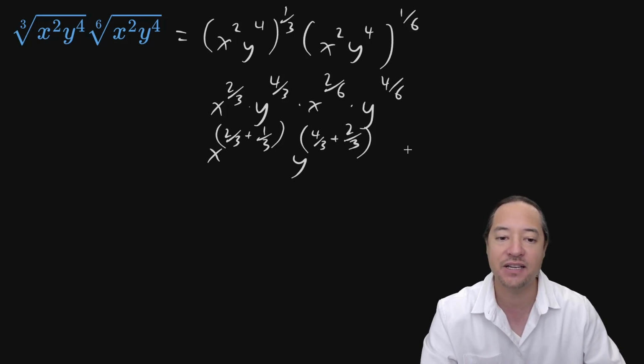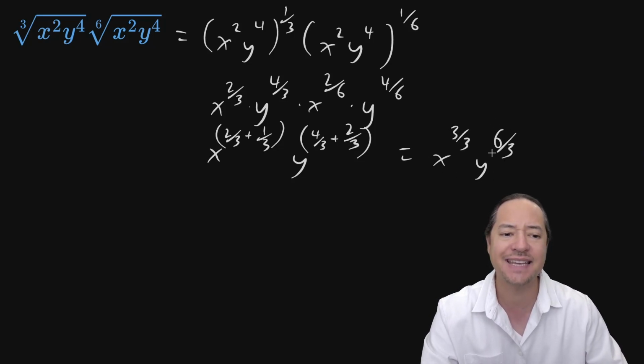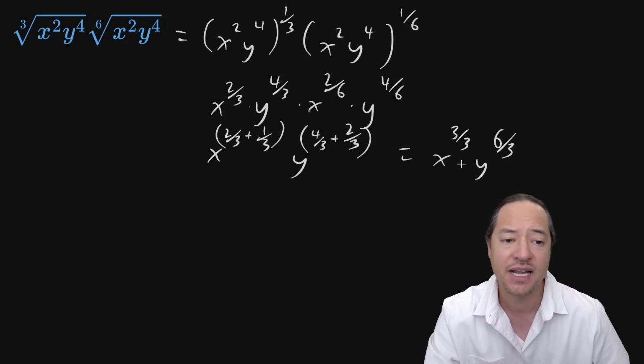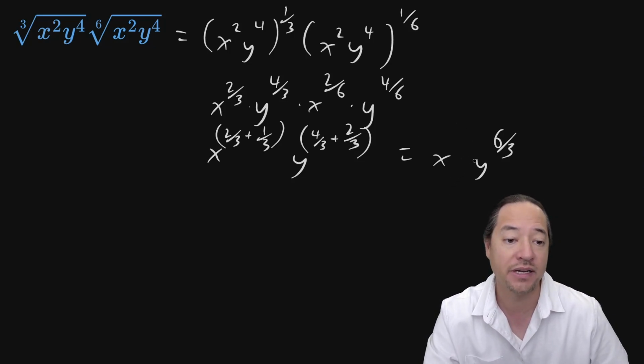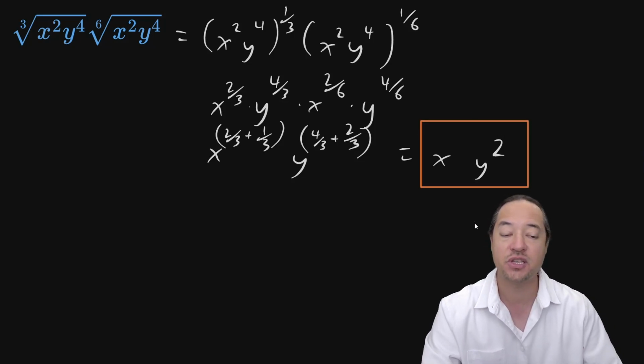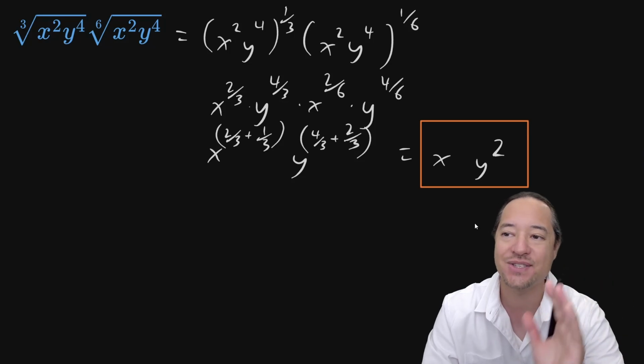So if I simplify that, I'm going to get x to the 3/3 times y to the 6/3, and I can simplify this a little bit further. X to the 3/3, well, that's just 1, so that's just x, and y to the 6/3, well, that's just 2. So there we go. This should all simplify down to x y squared.